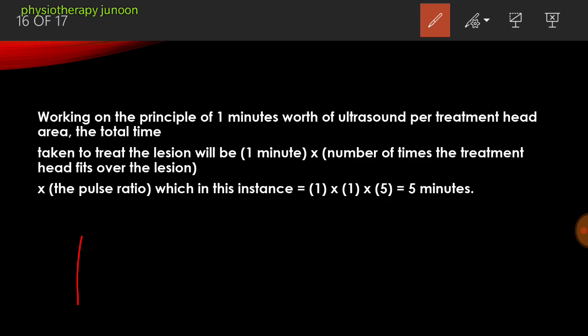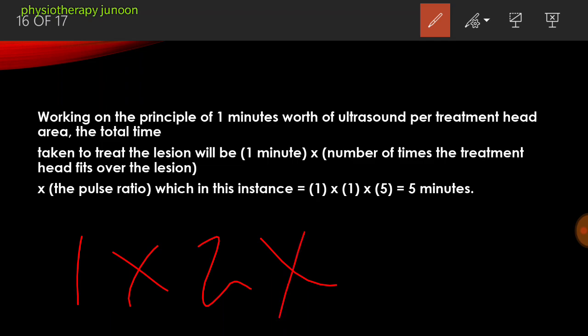Like if you are giving to the shoulder joint, for example, or the femoral head, or the knee area, the number of times the treatment head fits over the area is 2, into the pulse ratio.